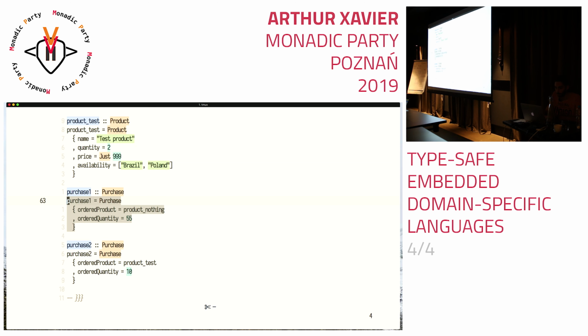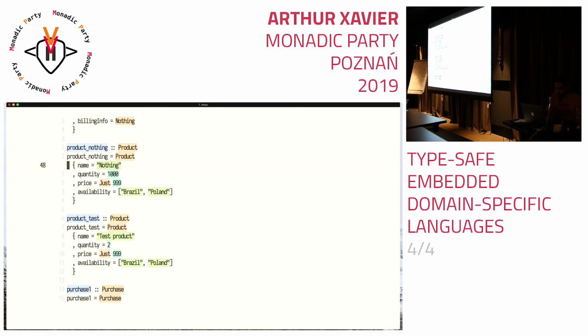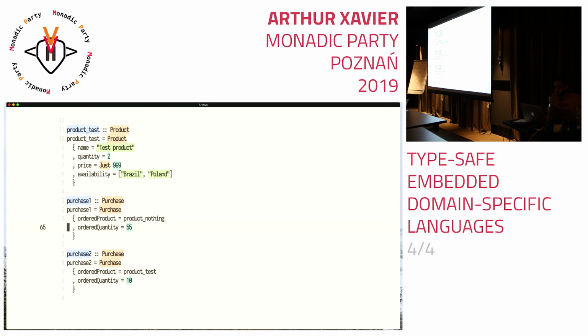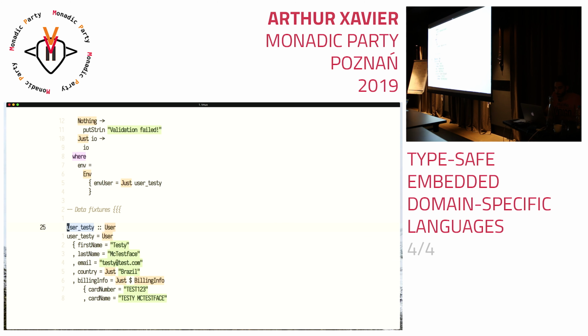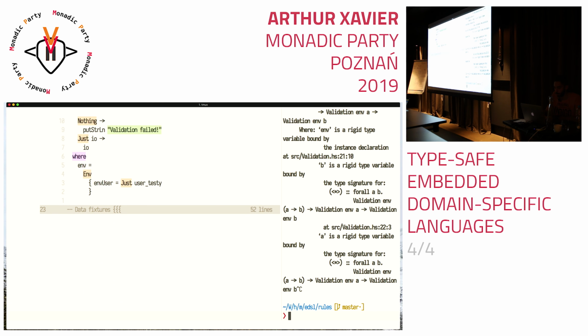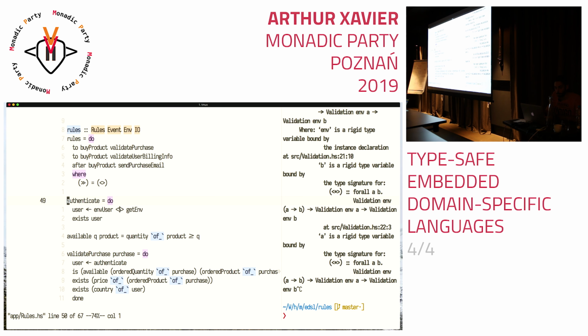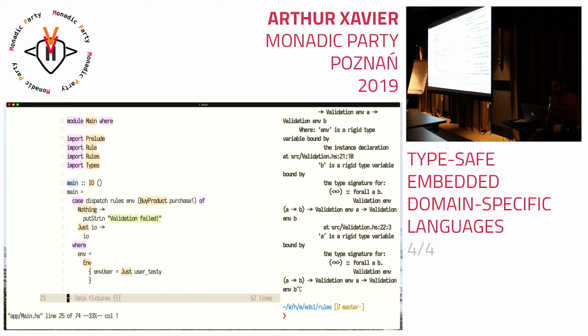We're buying 55 units of nothing, and we're just validating whether that works. If this works, after buying a product, we're going to send a purchase email, and hopefully we're going to see that here.